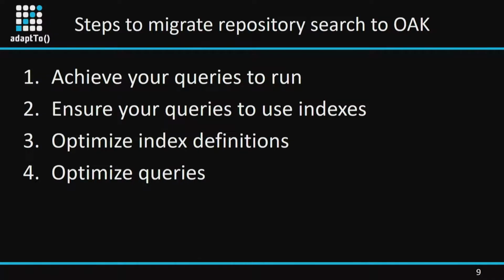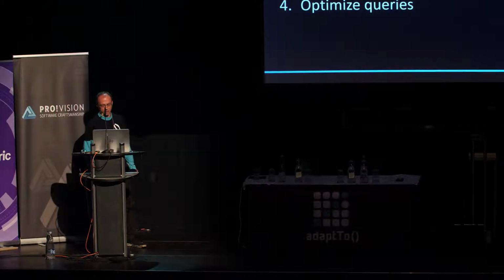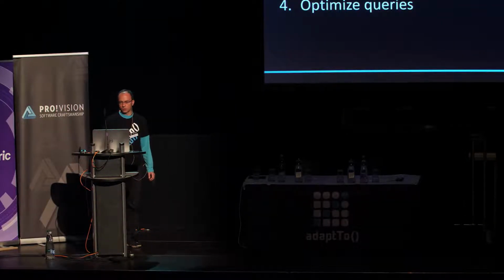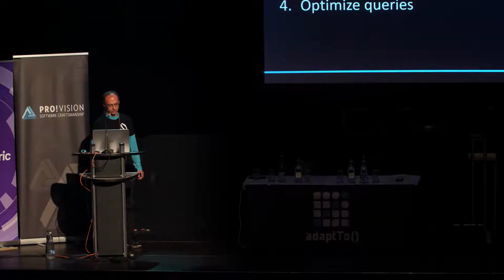The second step is ensure your queries use indexes. You will notice when your query doesn't use an index because it performs slow. Also, you can recognize that it doesn't use an index by a warning message that occurs in the log file that tells you to consider creating an index.